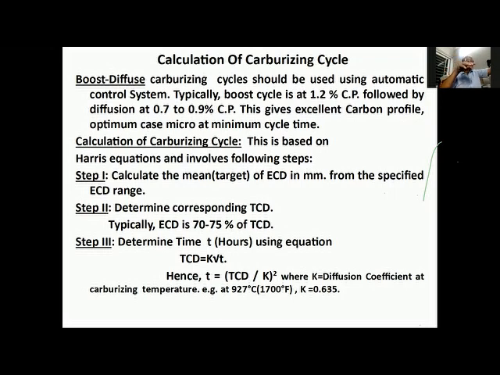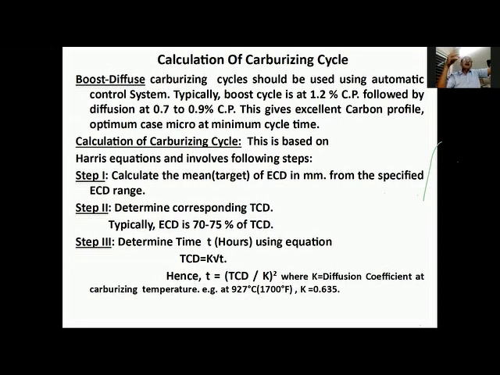And for the diffusion potential, initially during the boost part you have a high potential like 1.15 to 1.2, even higher if you are using higher temperatures. That will ensure that in the first part itself you achieve sufficient diffusion of carbon up to a greater depth.